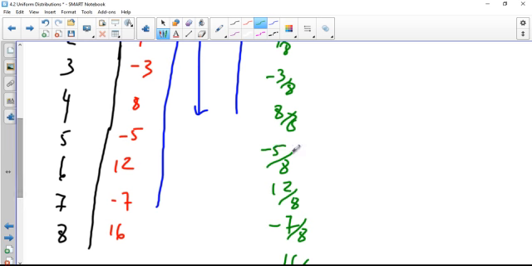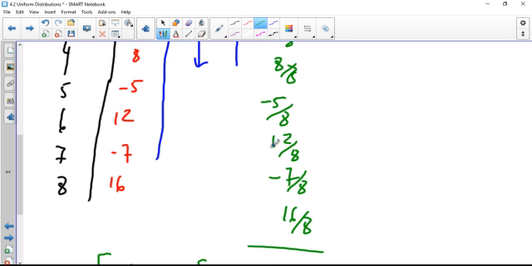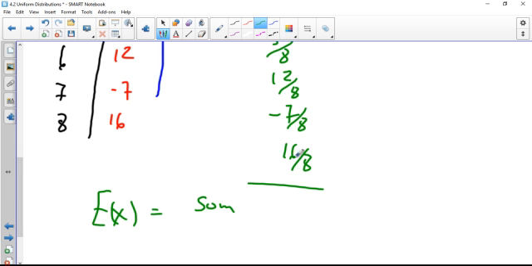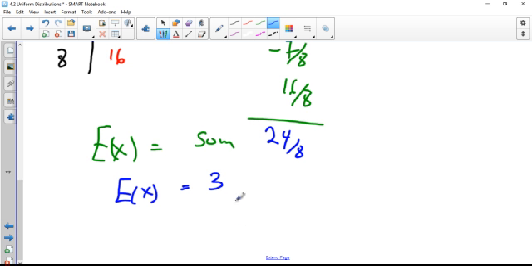We get 8 minus 5, which gives us +3, plus 12, +15, minus 7, which is +8, and plus 16 gives us +24. So we get +24/8, which gives us a value of +3. So is this expected value a fair game? Again, no, not a fair game.